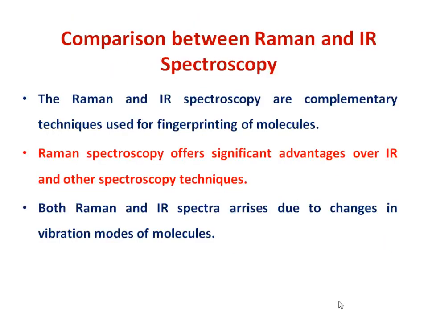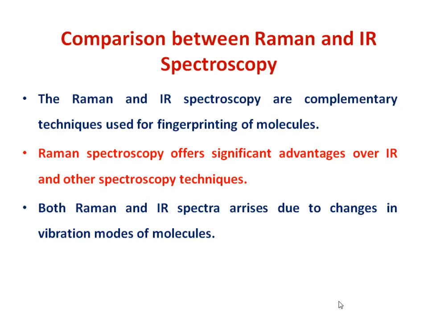Now let us see the comparison between Raman and IR spectroscopy. The Raman and IR spectroscopy are complementary techniques used for fingerprinting of the molecules. Raman spectroscopy offers significant advantages over IR and other spectroscopic techniques.